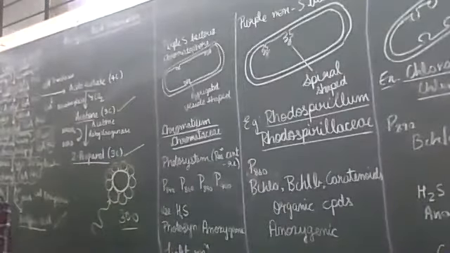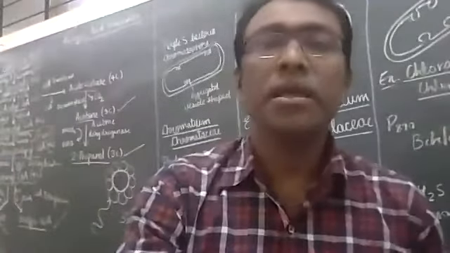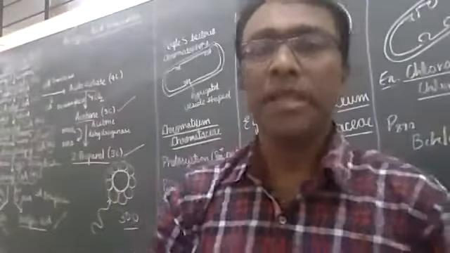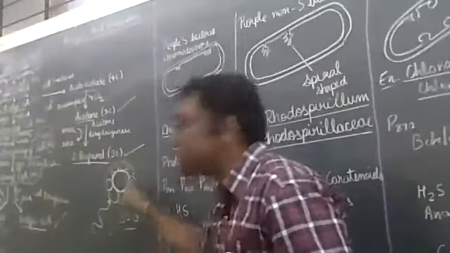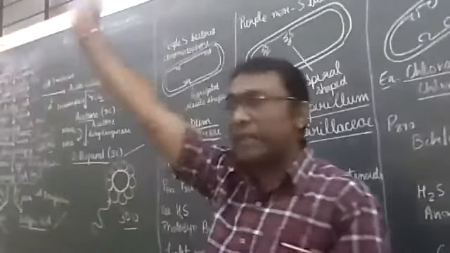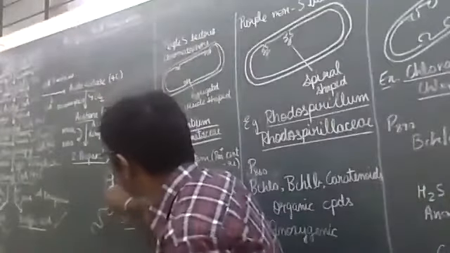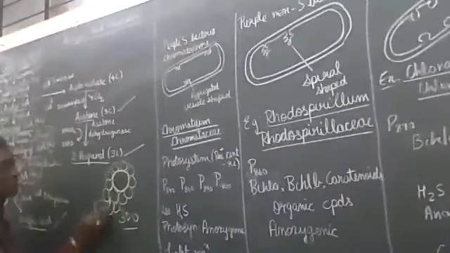Just imagine a small central ball and many balls completely around it. That's how it looks. So a photosystem looks like that, where the central principal pigment is present and accessory pigments are present. Light falls on this. It will not go directly.